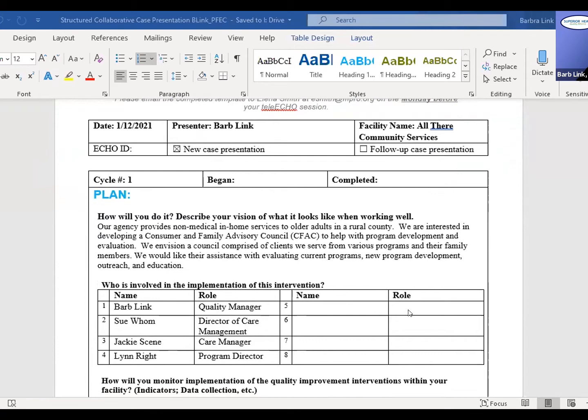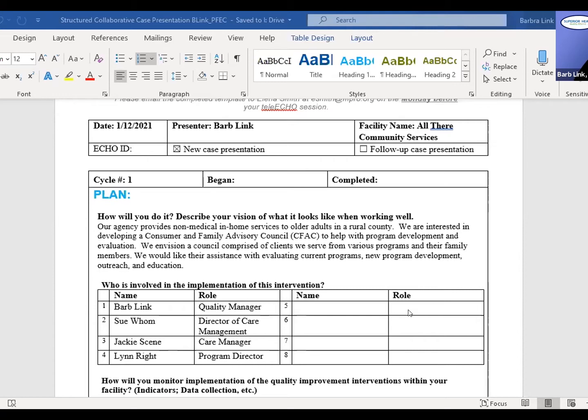And so we've tried at different times to develop a consumer and family advisory council. I know many people know them as patient and family advisory councils, say in a hospital setting or maybe a skilled nursing facility setting, but we decided to call it Consumer and Family Advisory Council. We want them to help with program development and evaluation.